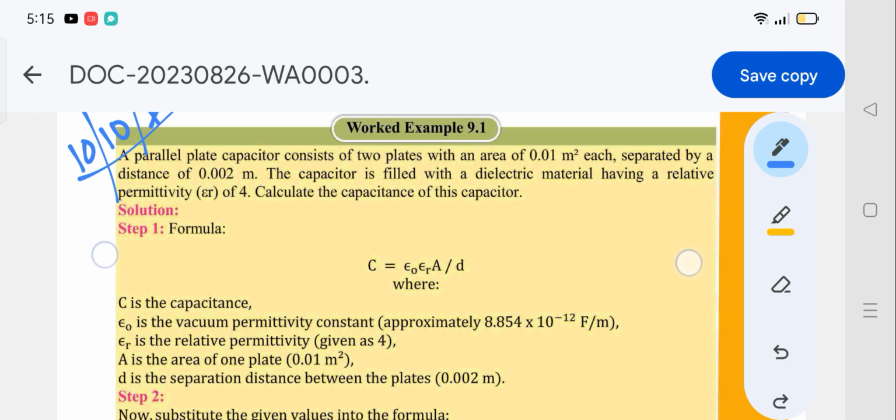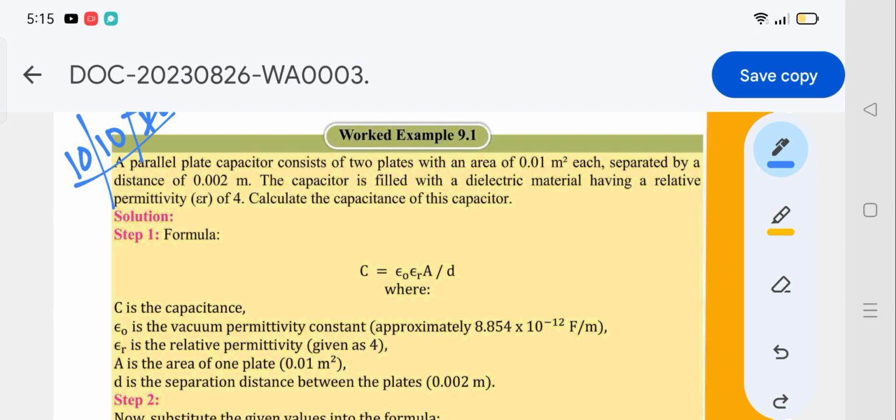Now see, read the numerical first, the worked example first, so that we can have an idea of the data and analyze what formula we'll be using by reading the statement. I'll be highlighting whenever data is given in the question. A parallel plate capacitor consists of two plates with an area of 0.01 meter square each, separated by a distance of 0.002 meter.